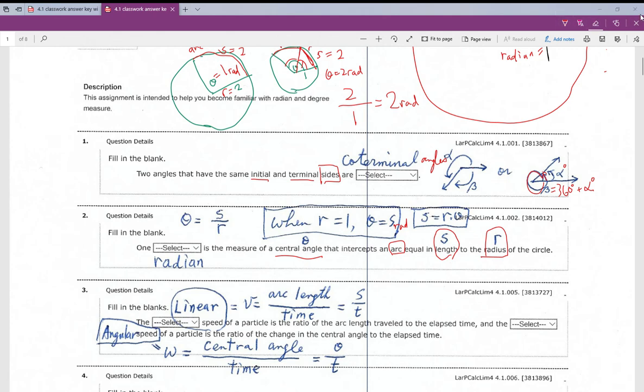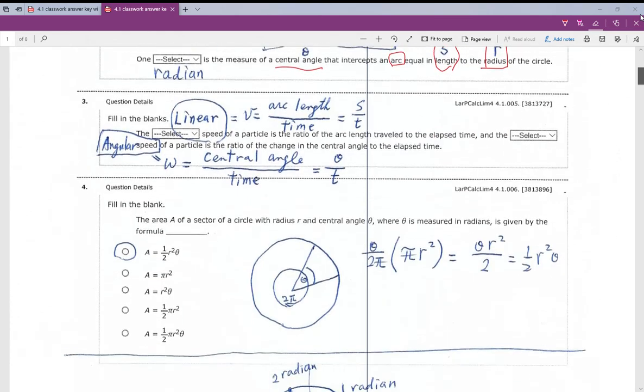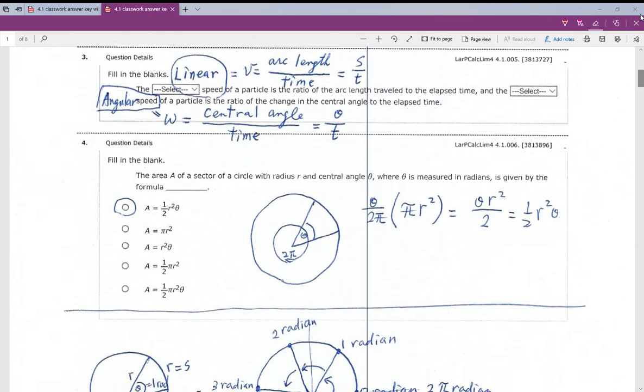Now keep going. Another formula. We have 2 more formulas here. Let me read the definitions first.